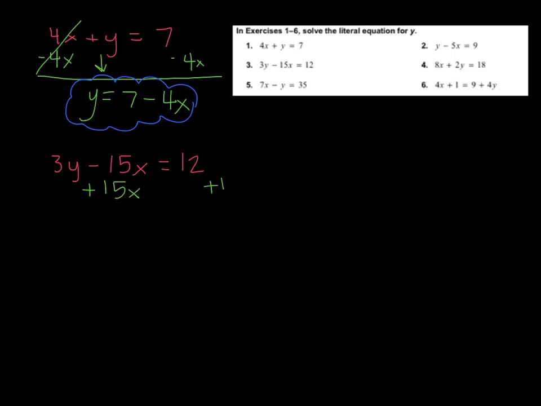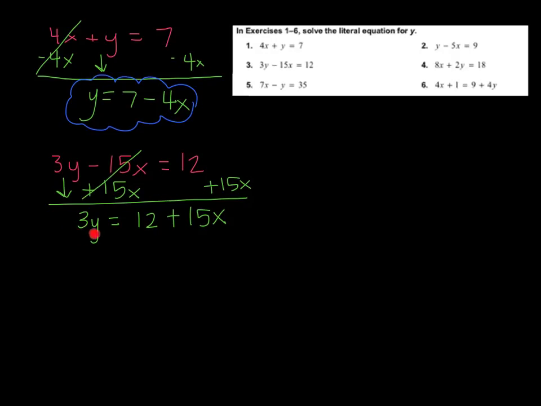So I'm going to add 15x to both sides. Positive and negative 15x cancel, and I bring down my 3y. Once again, don't forget, you can't actually do 12 plus 15x, so you're just going to copy it down. So we have 12 plus 15x.